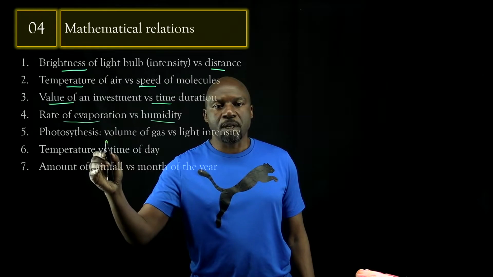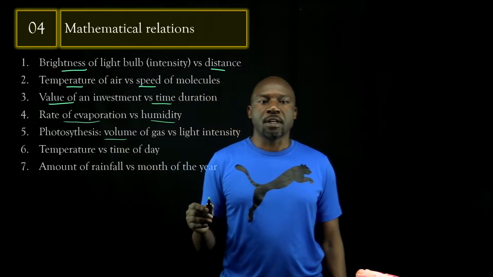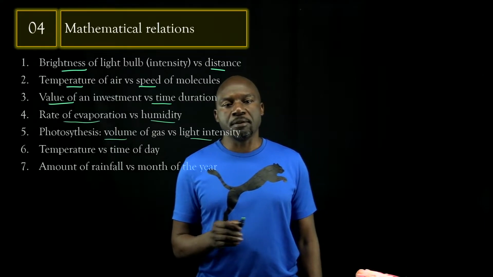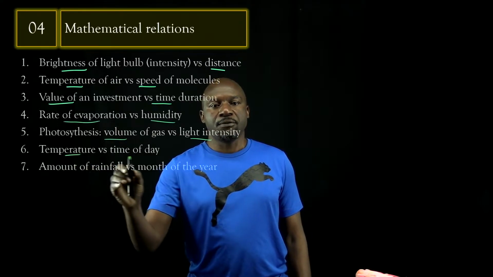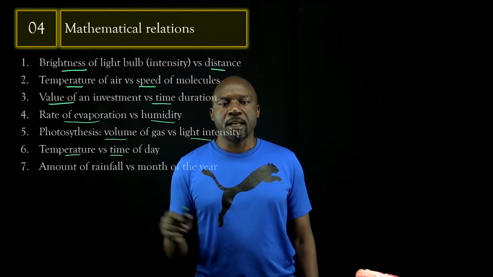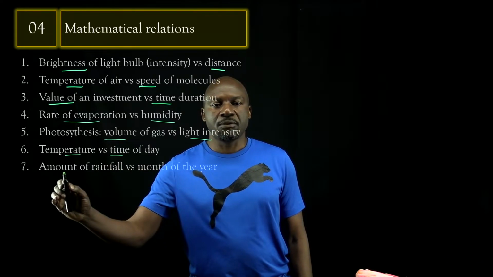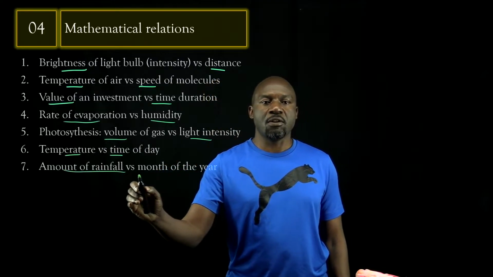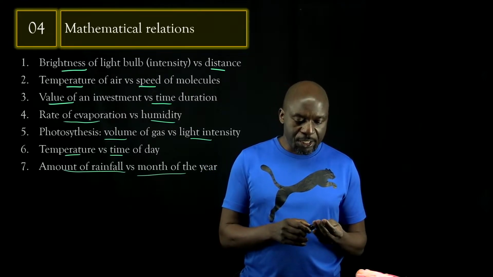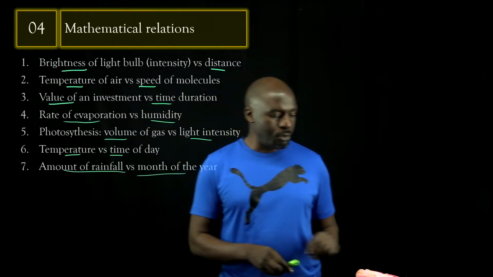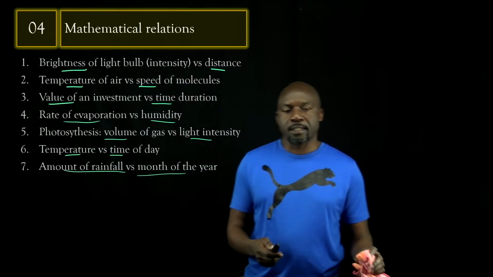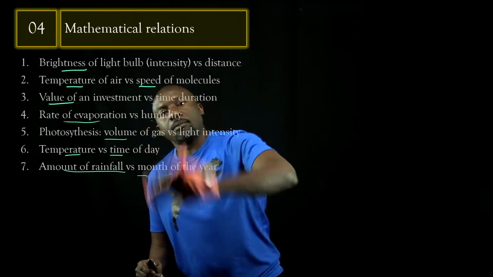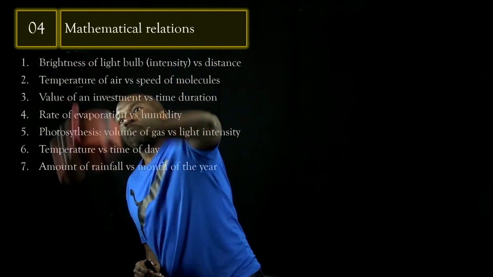Number 5 is the volume of a gas versus the intensity of light being shone on the leaf. Number 6 is temperature versus time of day. Number 7 is the amount of rainfall, which would be volume, versus the month of the year. So there is a relationship between two things or two quantities, and this is something we need to discuss.